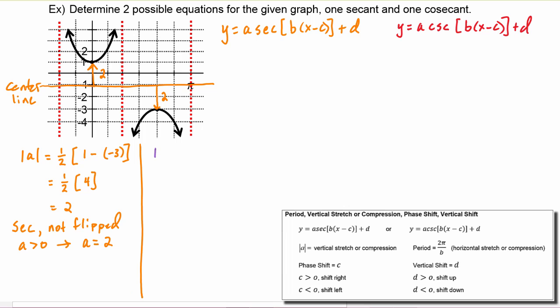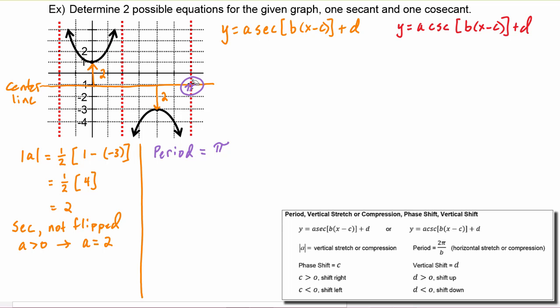We know that the period we can compute from the graph by subtracting the end minus the start. So the end value is here at pi, and the starting value is over here. So we need to figure out what that x value is.